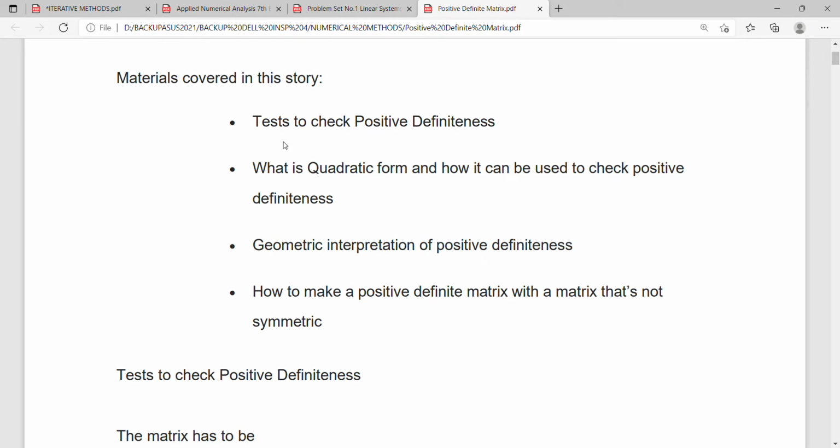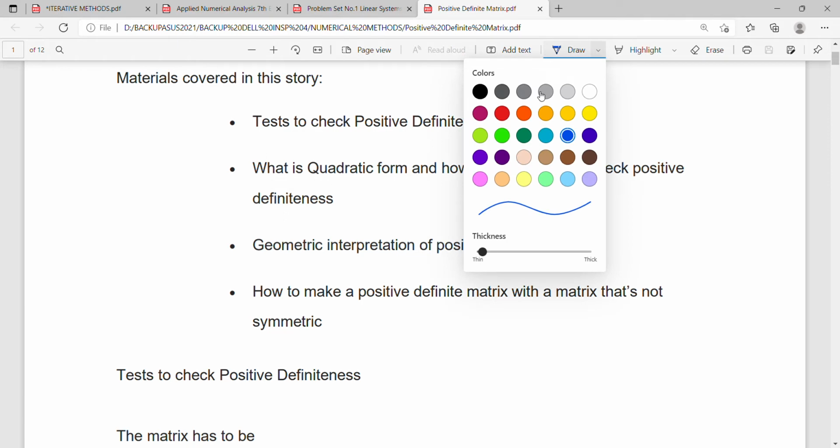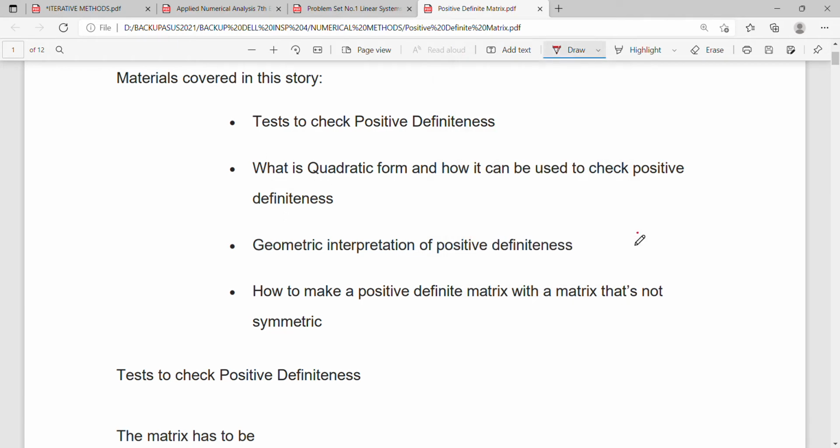We have the test to check whether the matrix is positive definite. What is the quadratic form and how it can be used to check the positive definiteness of such a matrix. And also we will be looking into the geometric interpretation for us to be able to appreciate.